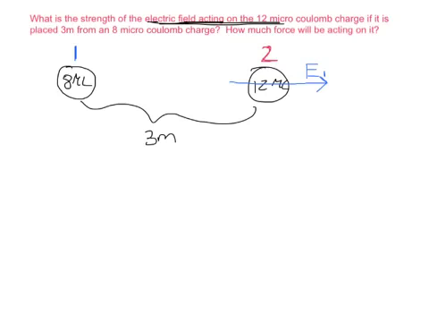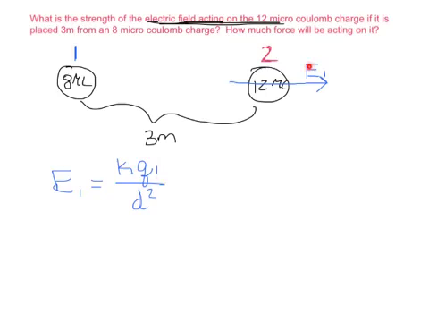So for our first question, we could say, what is the strength of the electric field acting on the 12 microcoulomb charge? Well, we're just looking for what is E1. And when solving this, I know I could go k times Q1 all over d squared. And the issue that I think was identified was, well, which charge is this Q1 when I'm looking for E1?